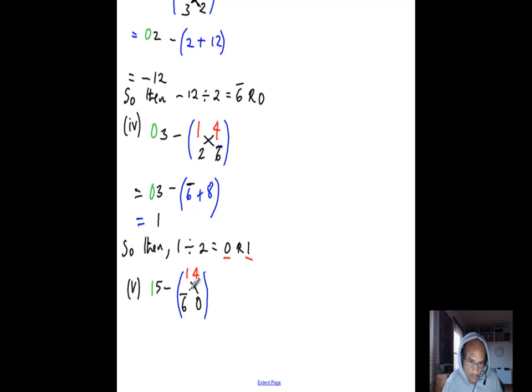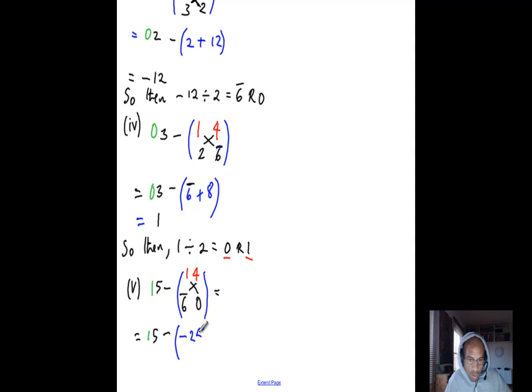So, cross multiplication equals. So we've got 15. So that's equal to 15 take away. When you work this out, you've got 1 times 0 is 0, and 4 times minus 6 is minus 24.